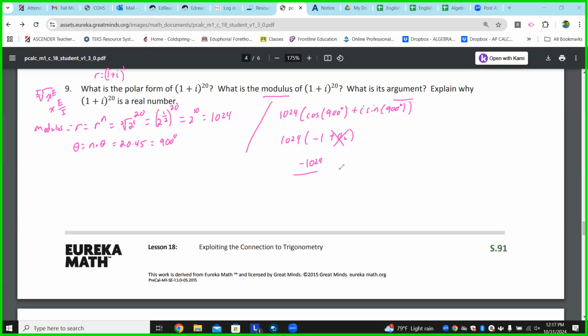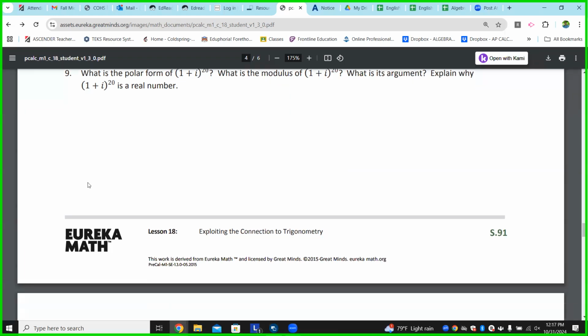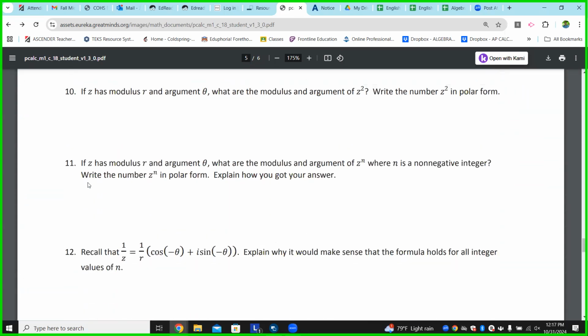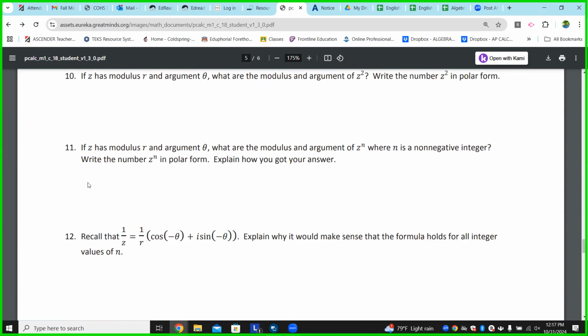All right, so that was number 9. So let's look at 10 through 12 to recap all this and put a little bow of a formula to this. On number 10, it says, if z has a modulus of r and an argument of theta, what are the modulus and argument for z squared? Write z squared in polar form.